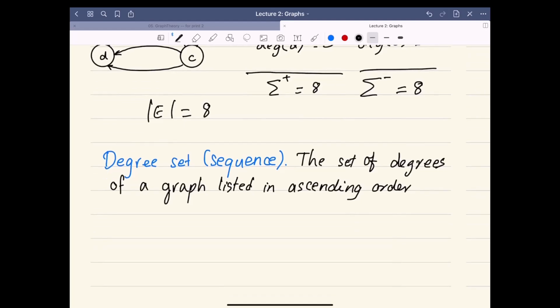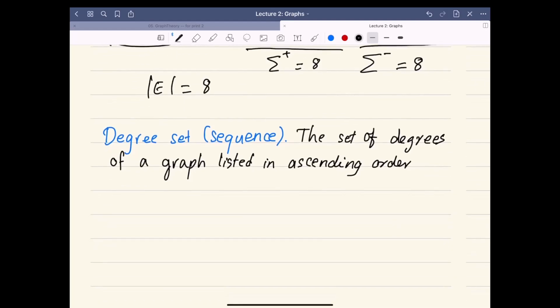If I want to draw a graph as an example here, suppose I have this graph, and here I have a loop, and here we have an edge, and we have parallel edges. Now if I want to list the degrees, the degree for this one is 4, the degree for this one is 4, the degree for this one is 3, and the degree of this one also 3.